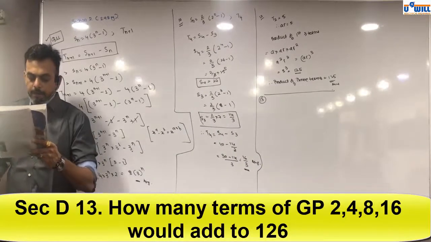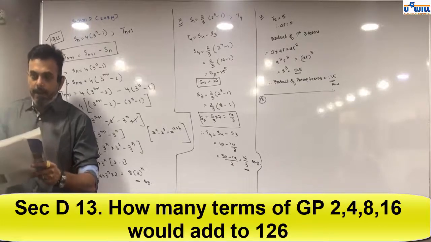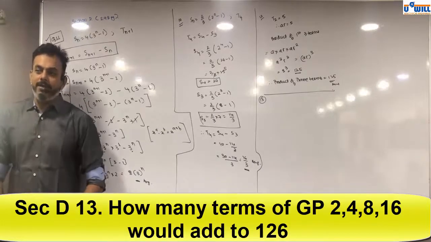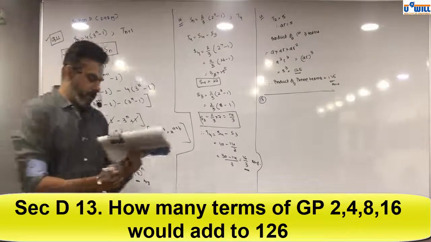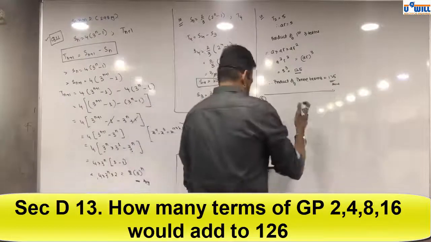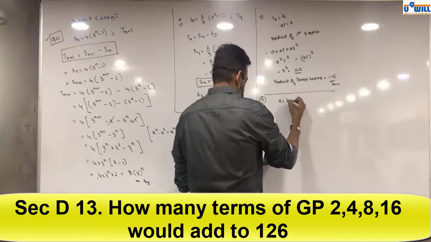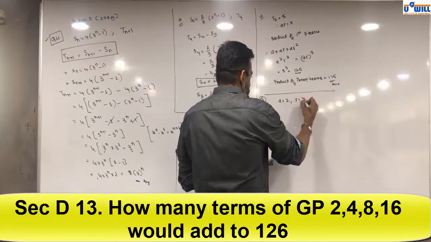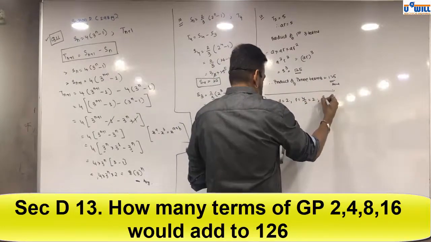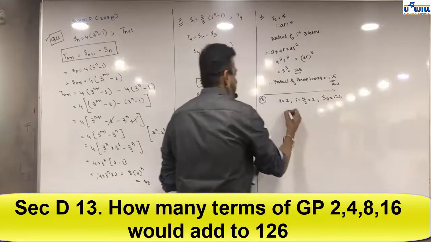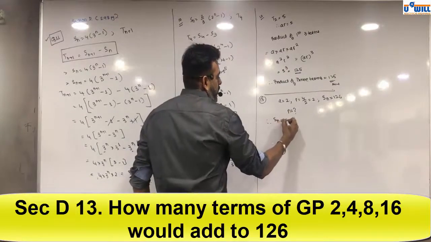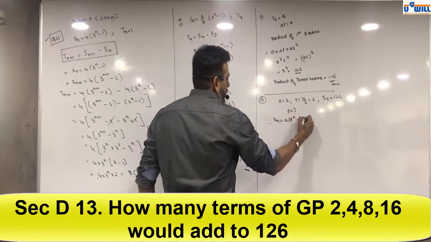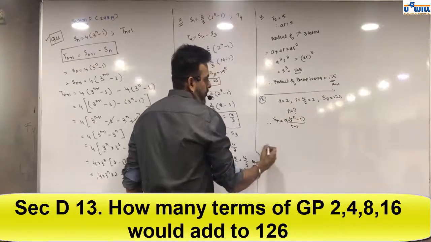13th, how many terms of GP 2, 4, 8, 16 would add to 126? So what is 126? Sn. Okay, very important. So A is equal to 2, R is equal to 4 by 2, which is equal to 2. Sn is equal to 126. We have to find the value of n. Therefore, Sn is equal to A into R raised to n minus 1 upon R minus 1.